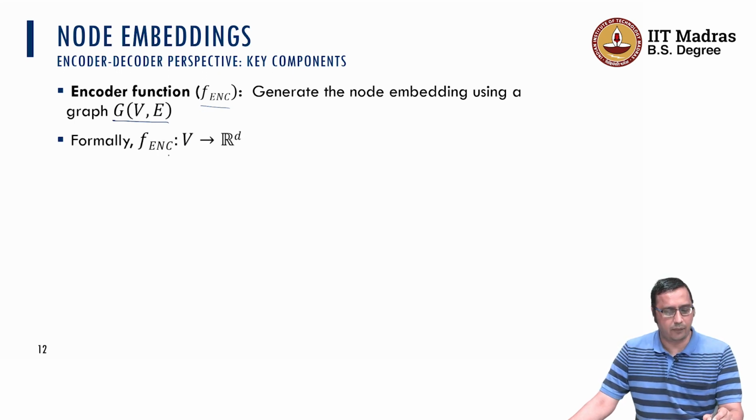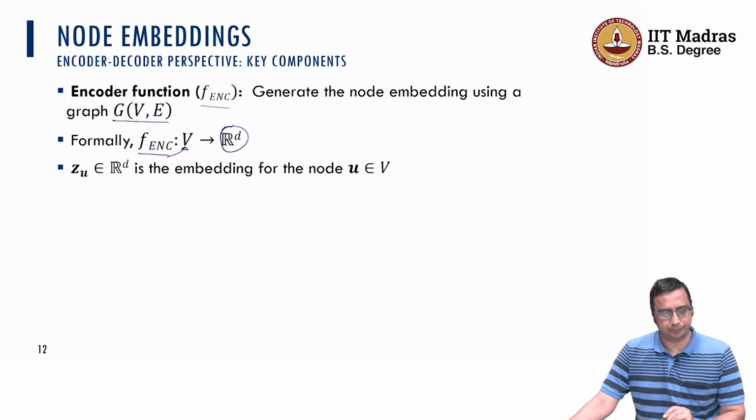Formally, it is a function which takes a node from the V set and generates a d-dimensional vector. Here this z_u is my embedding vector, which is d-dimensional because it is in R^d. It's a real number, continuous vector, which represents a node in V. Remember, z_u is for the u-th node.